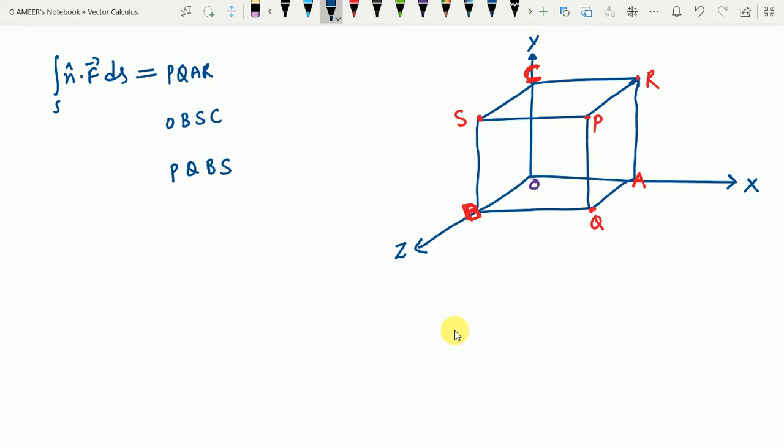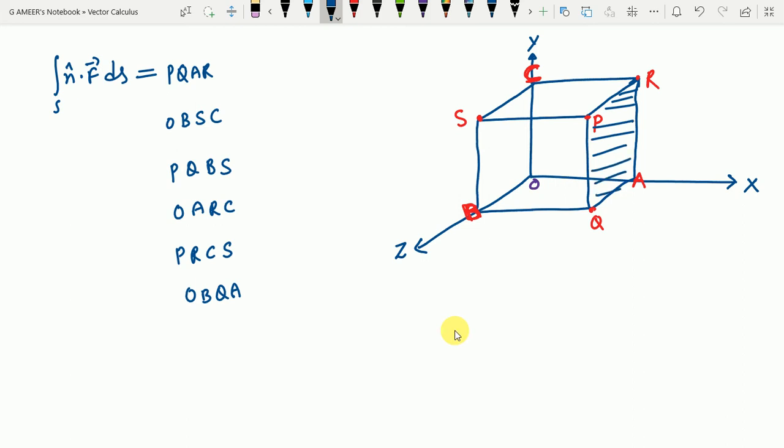Then you go for the back side part, OARC. So left to right, front to back, and then top and bottom. PRCS. Next the bottom most one, OBQA. So the first is PQAR. This is the PQAR, this part.